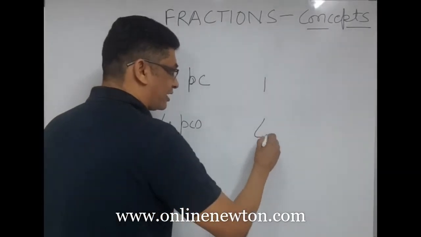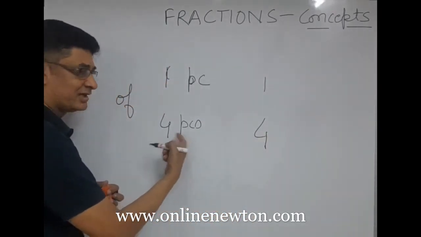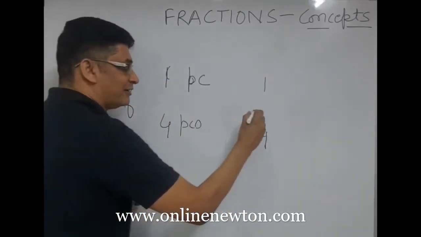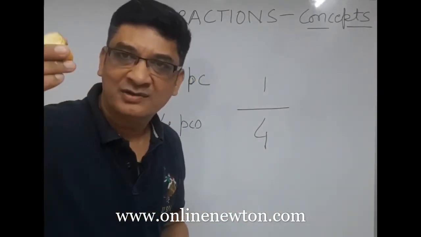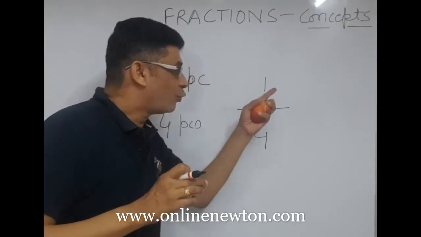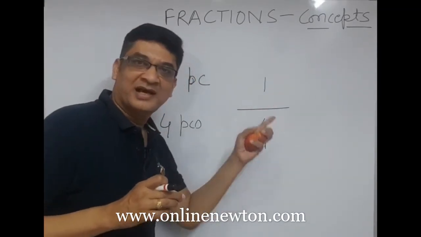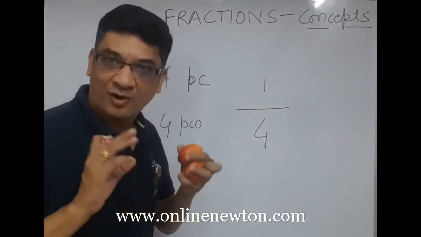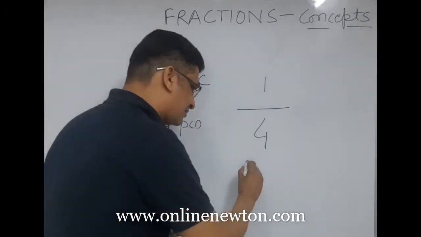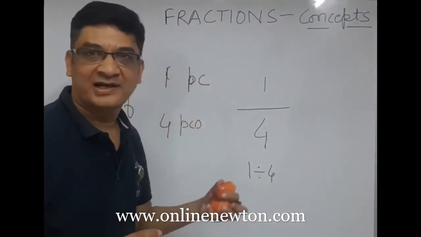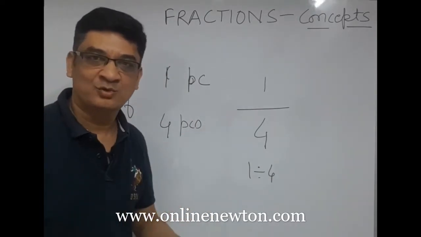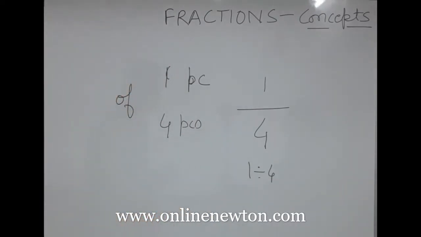We write down 4 as it is, and we put this line in between. So each part, now the quantity is 1 upon 4, and 1 upon 4 is also the same as 1 divided by 4. So friends, you have understood 1 by 2 and 1 by 4 now.